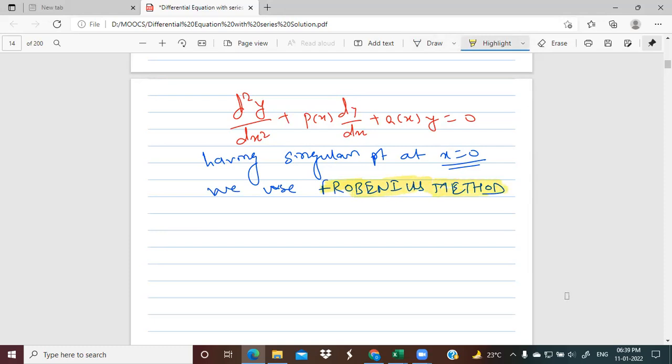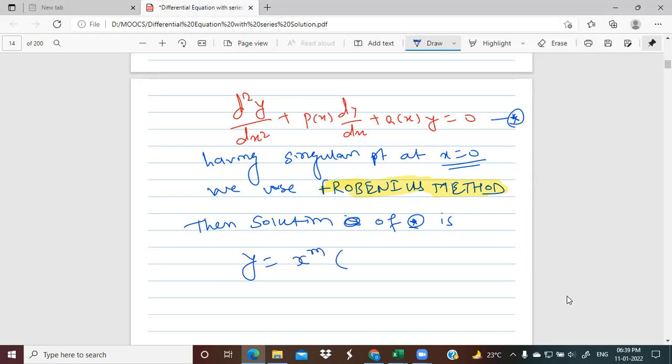Now what is that? This method tells that if x equal to 0 is a regular singular point for our given equation, then we can write the solution as y equal to x raised to power m into a0 plus a1x plus a2x square and so on, or summation a n into x raised to power m plus n, n from 0.